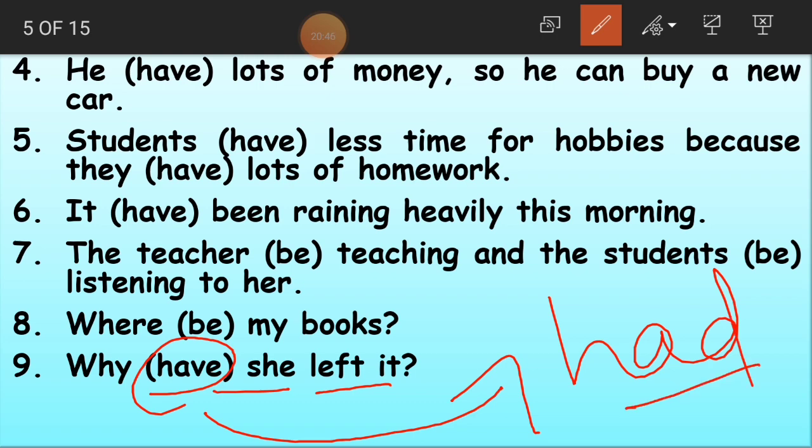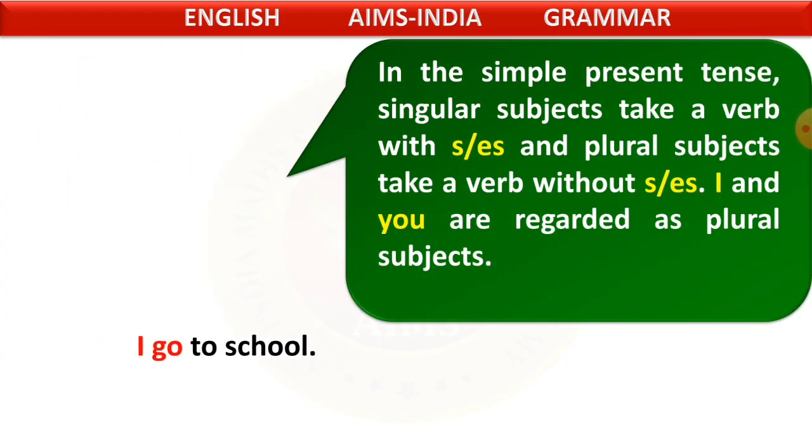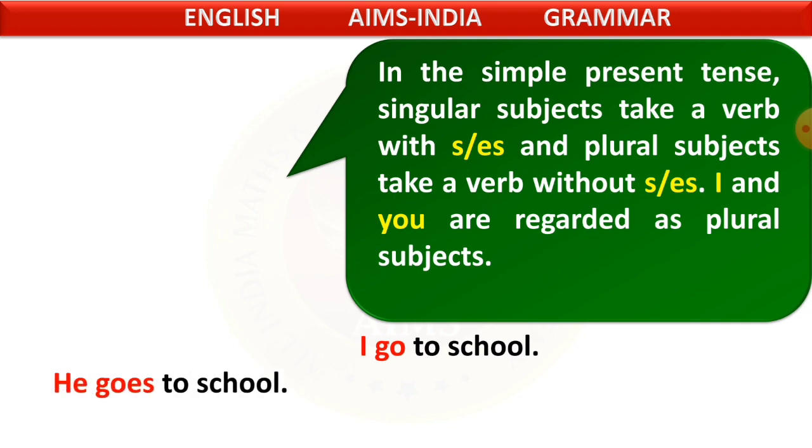You remember? It is going to change as had. Why had she left it? Because our verb is in past tense. Yes, children, are you clear with that? So clear with the tenses, subject and the verb forms.